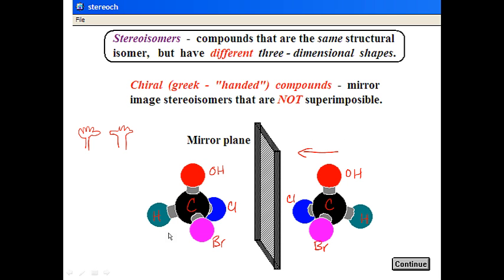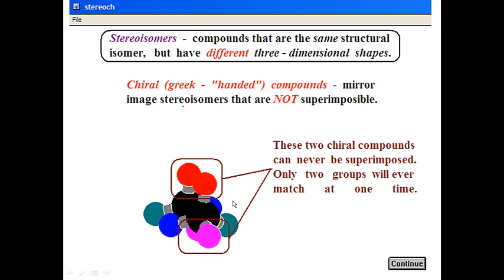So in this case, two of the groups overlap, but the other two won't. And so these are non-superimposable molecules that happen to be mirror images. And so that's what we call chiral molecules.